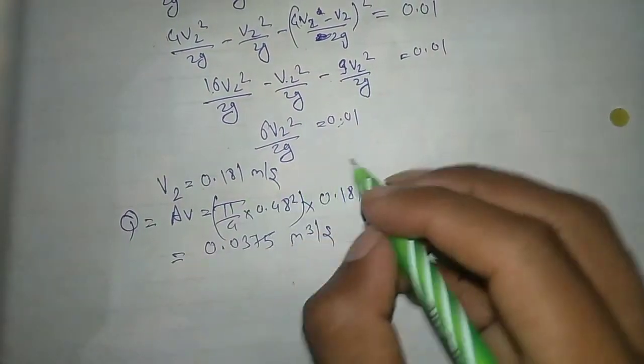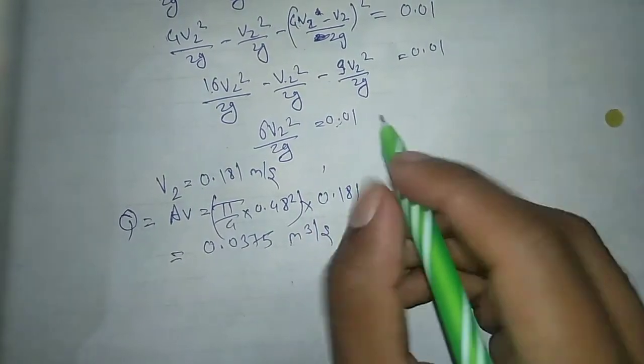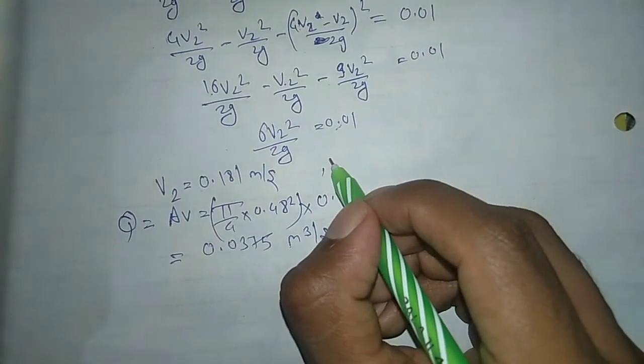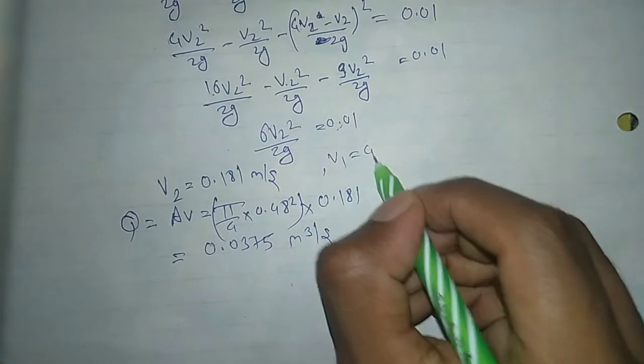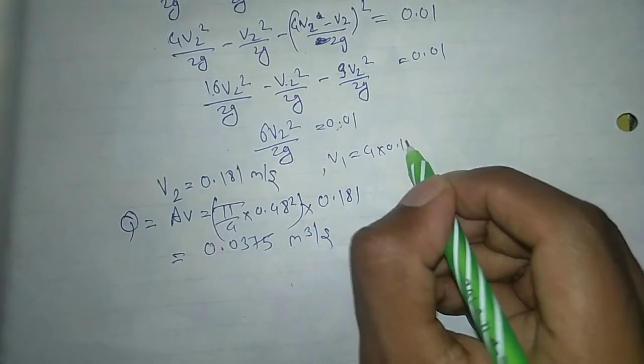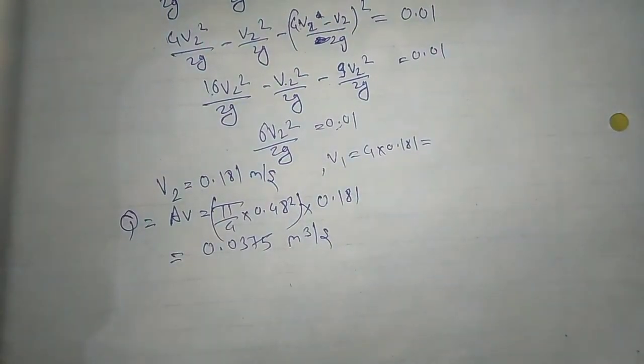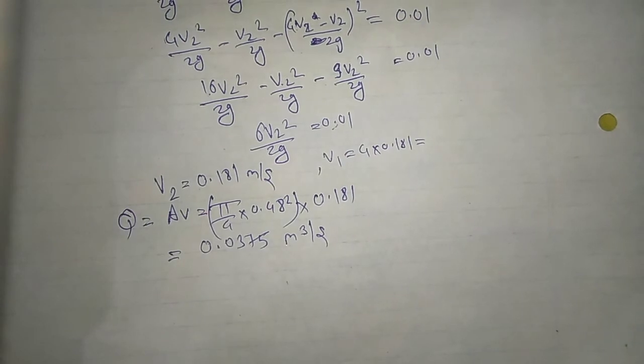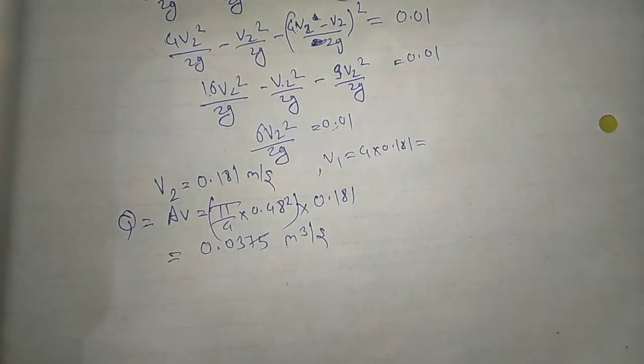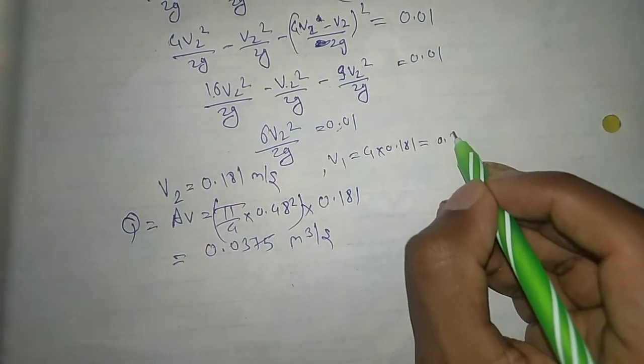We have V1, so you can also calculate it: V1 equals 4 into 0.181, which is equal to 0.724.